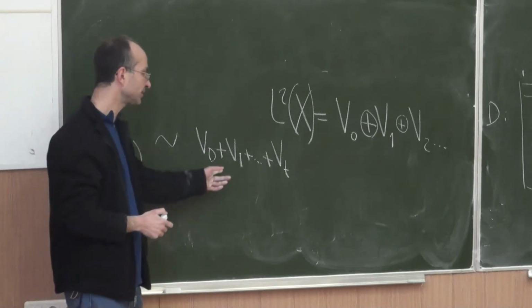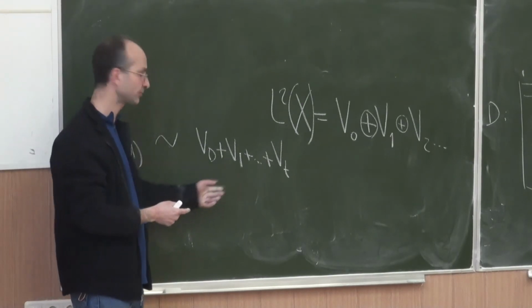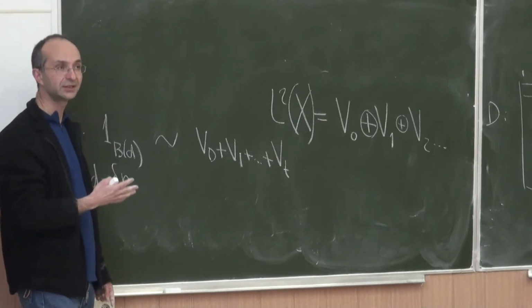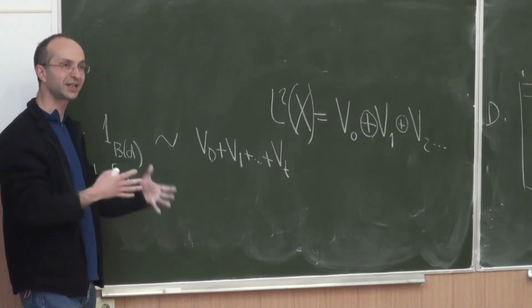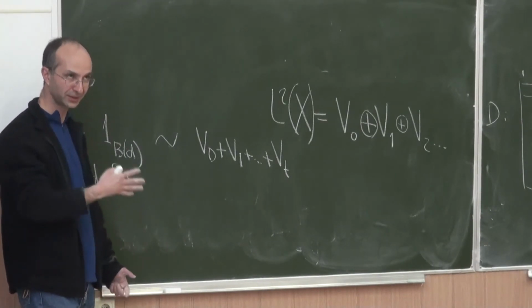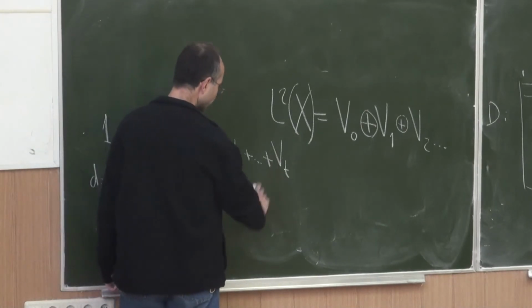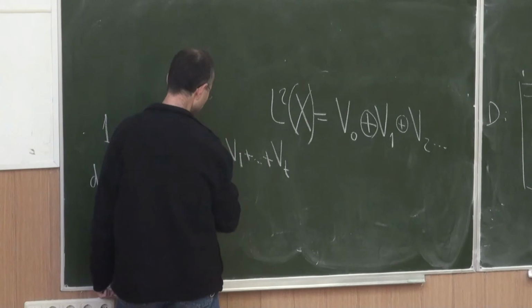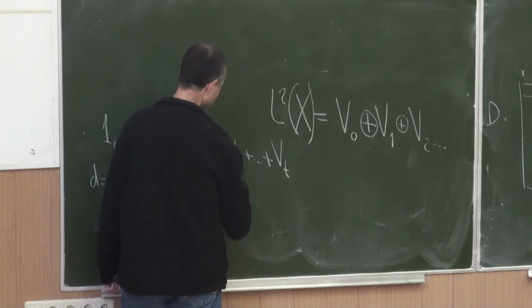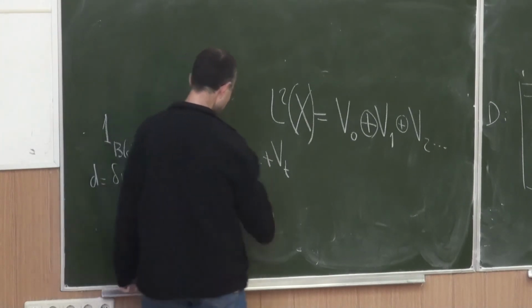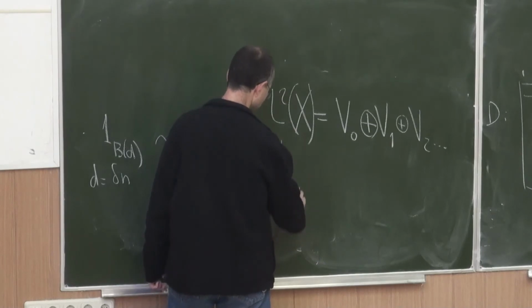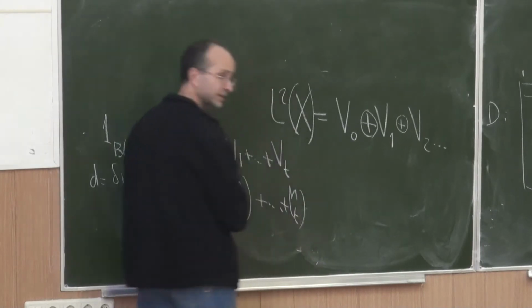Notice that this space is invariant under isometries, therefore I can take a ball around any point. So this space already captures a significant part of the L2 norm of this function. The dimension of the space is n choose 0 plus n choose 1 plus n choose 2, and so on.